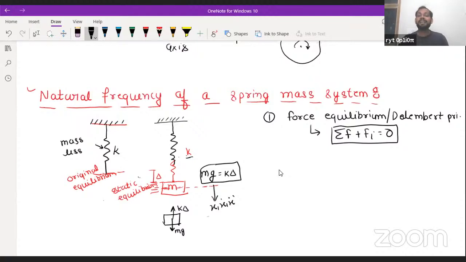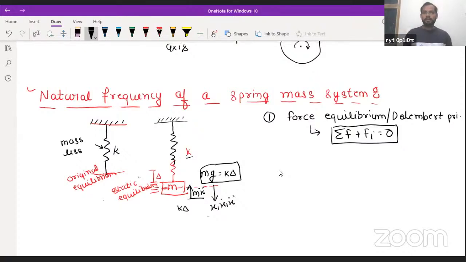Because the system is accelerating, in order to bring the system into equilibrium we have to introduce one inertia force. The inertia force always acts opposite to the acceleration. So when you impose one inertia force opposite to the acceleration on the mass, your system will come into equilibrium, and equilibrium means the net force on the system is equal to 0.